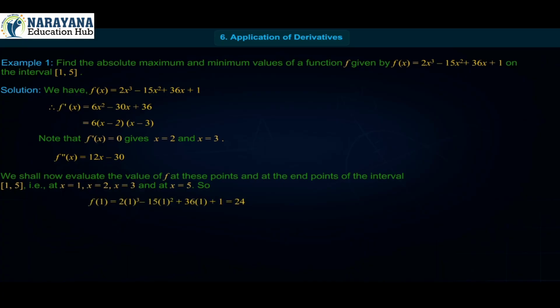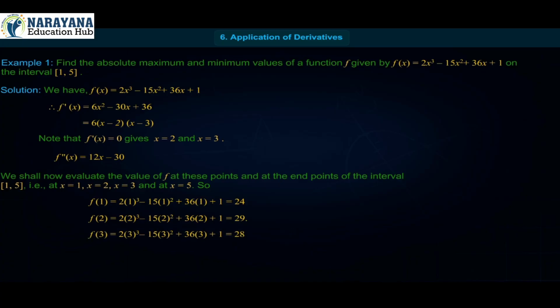So, f of 1 is equal to 2 into 1 cube minus 15 into 1 square plus 36 into 1 plus 1 is equal to 24. f of 2 is equal to 2 into 2 cube minus 15 into 2 square plus 36 into 2 plus 1 is equal to 29.